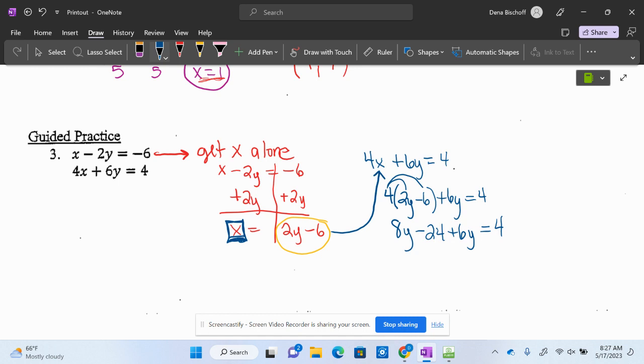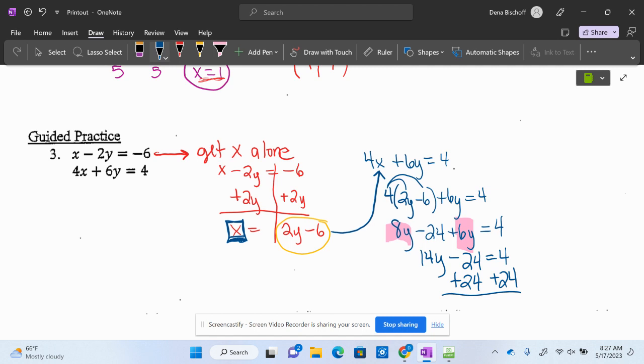So we have to do some combining of like terms. What do you got for me, Austin? Add 6 and 8 to give you 14. Yeah, 8y and 6y give me 14y. So I have 14y minus 24 equals 4. I'm going to add 24 to both sides.